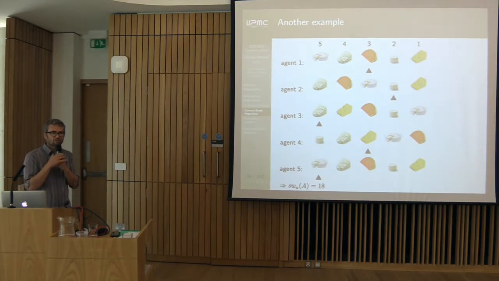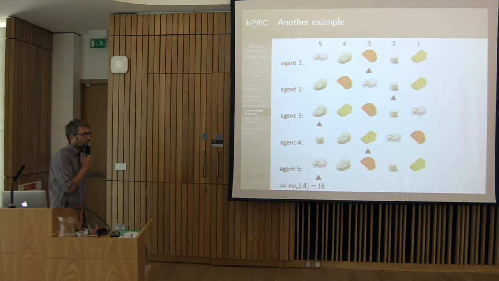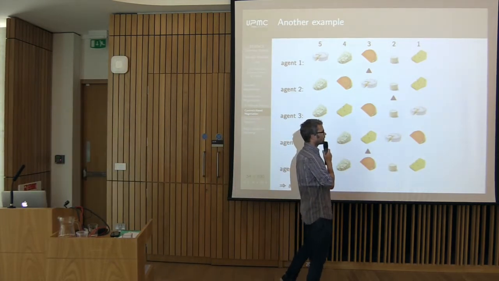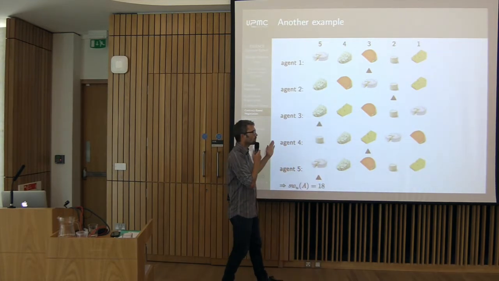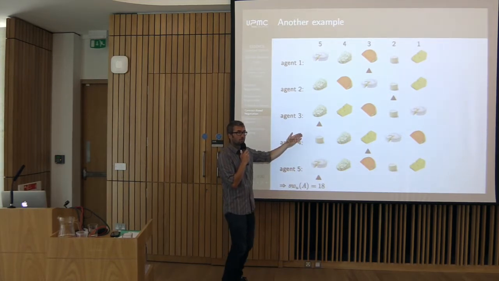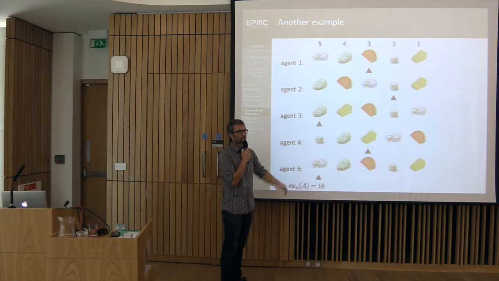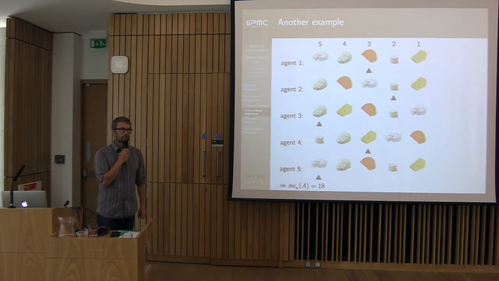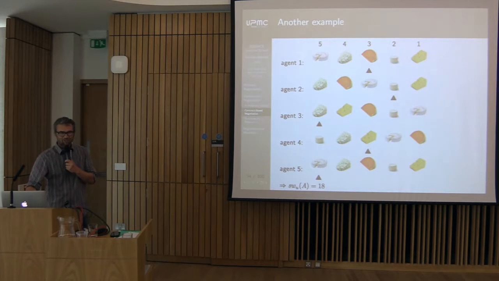Could it be the case that with this protocol, I could get stuck in a stable allocation like this, but that there would be a Pareto dominating allocation over this stable allocation? Yes, I see people nodding, and they are right.